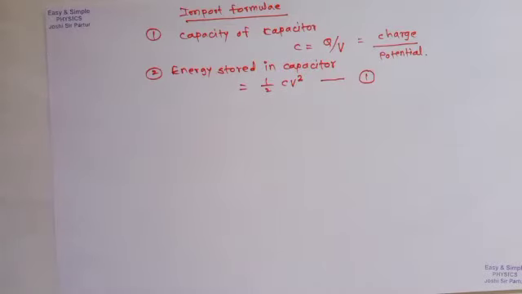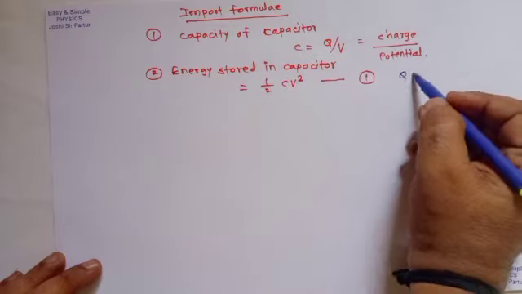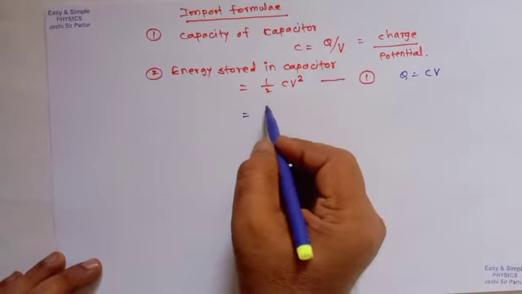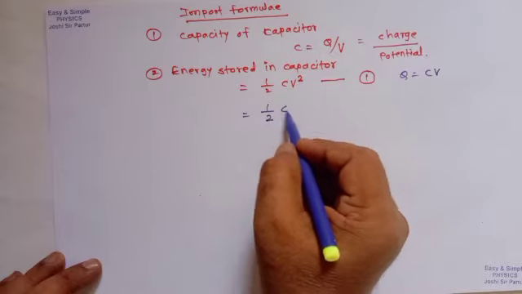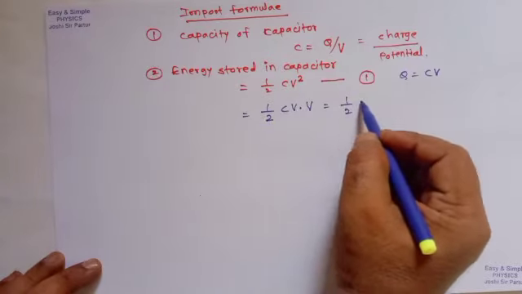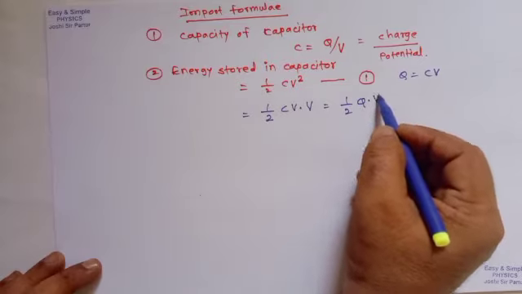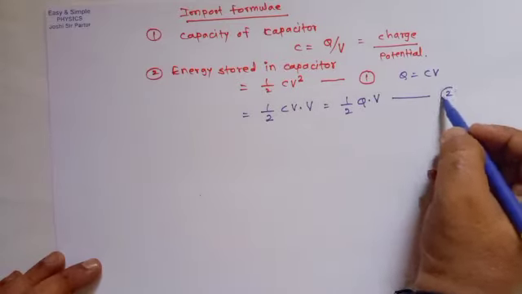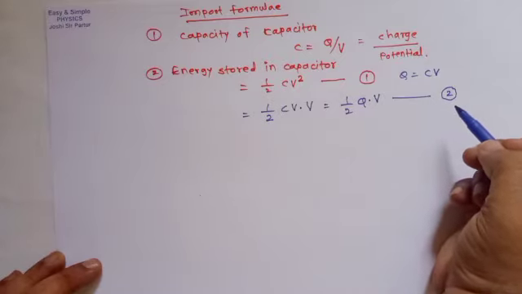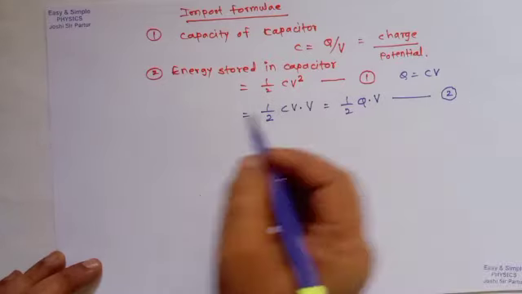If we substitute Q equal to CV, then the energy stored in the capacitor, that is half CV into V, will be half Q into V. That is the second formula for energy stored in a parallel plate capacitor.